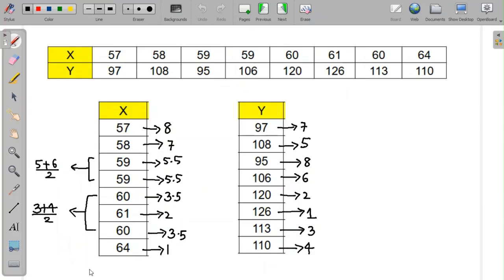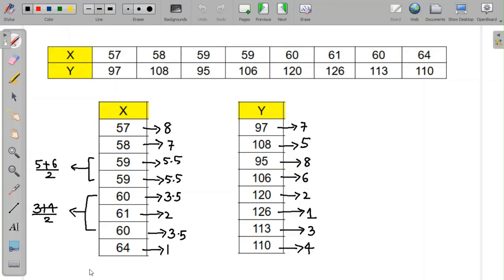And we can again complete assigning the ranks to the observations in the data set X. Repeating the same with the observations in the data set Y, we observe that 126 is the largest value, assigned first rank, followed by 120, 113, 110, and so on.